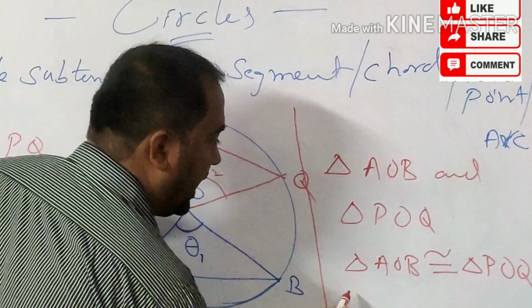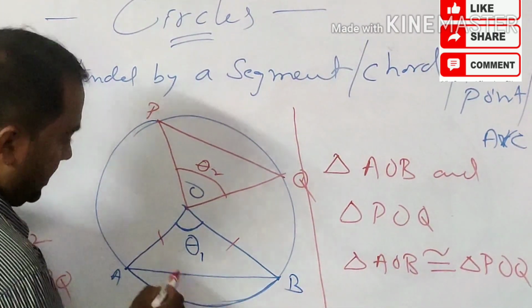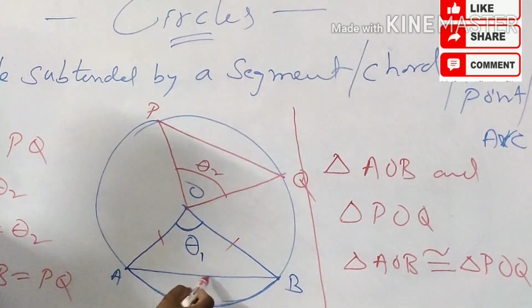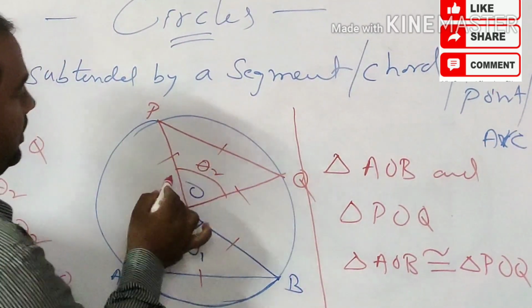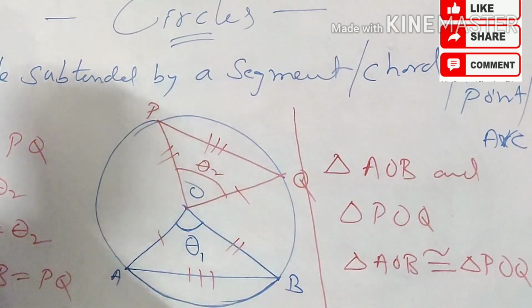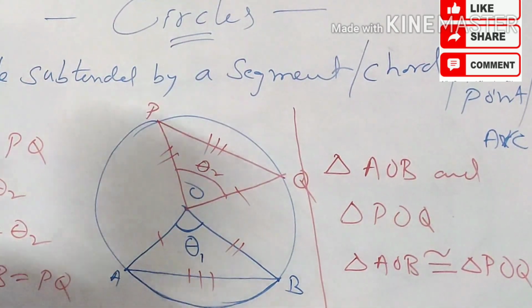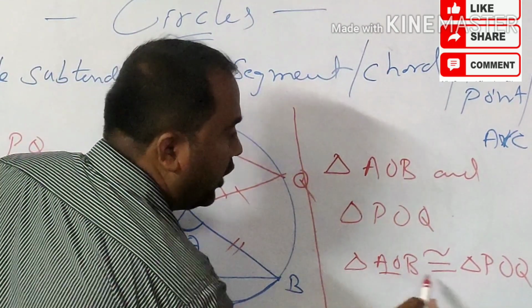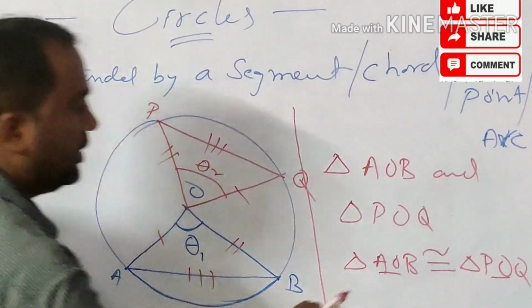For example, I am going to use AO and BO as sides of one triangle, and PO and QO as sides of the other. So, AO is equal to PO as both are radii of the same circle.